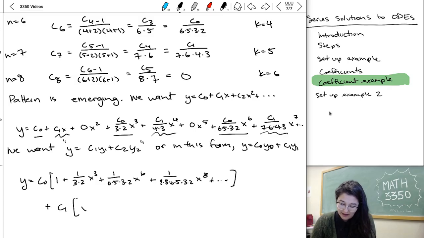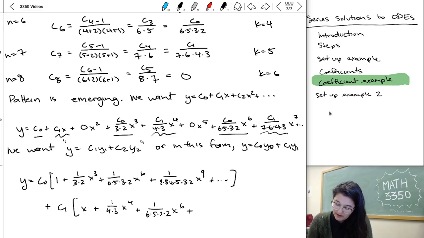So they start with x plus 1 over 4 times 3x to the 4th. Sorry, that was x to the 9th because x to the 8 is one of those zeros, my bad. Plus 1 over 6 times 5 times 3 times 2 x to the 6th.